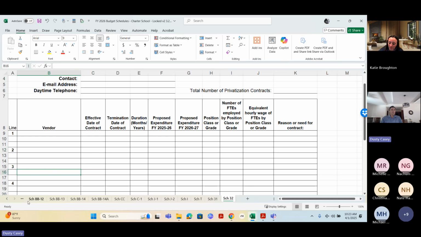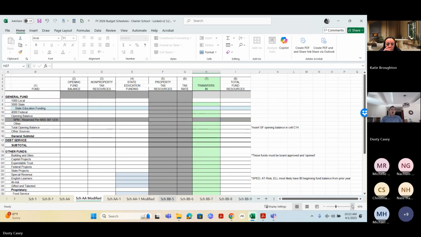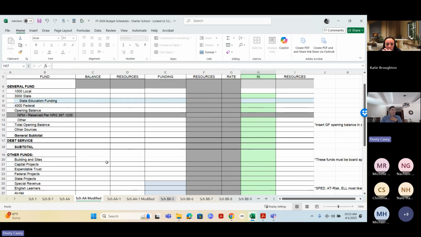Okay, no other questions. We are going to jump back to the modified schedules, AA modified and AA1. I'll be honest, I don't feel these two tabs are great. These are summary tabs of all your B schedules, your revenues and expenditures. They're very district focused, so they are a little confusing. Do your best to fill it out.